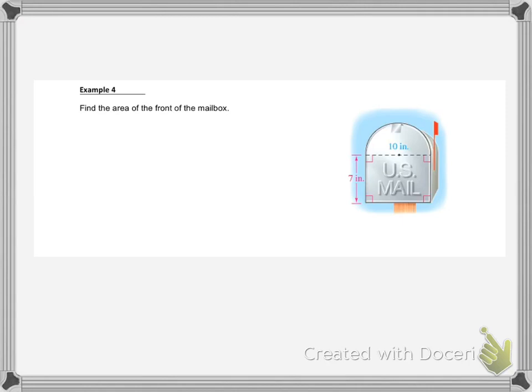So I guess I'll label the rectangle as shape number 1 and the half circle as shape number 2. So for shape number 1, it's a rectangle, so the formula is area equals length times width. And in this case, the length and the width are 7 and 10. So the area of the rectangle is 70 inches squared.